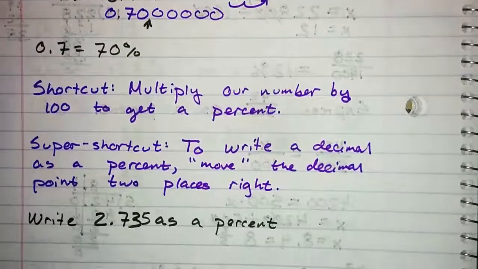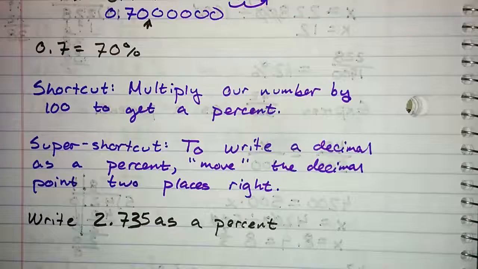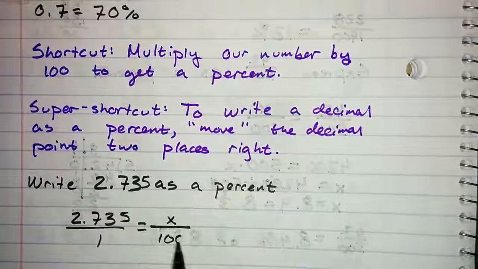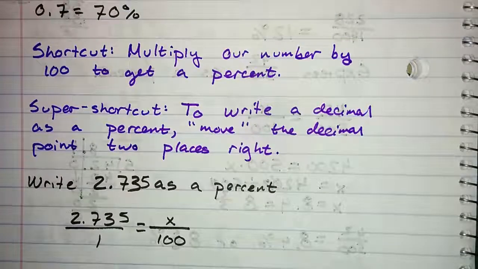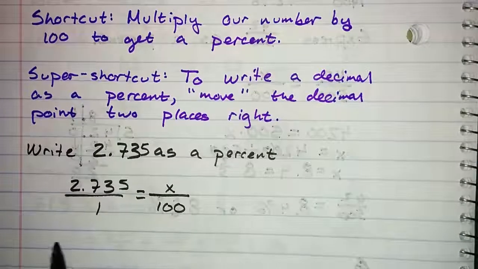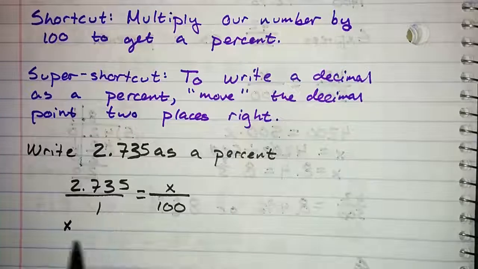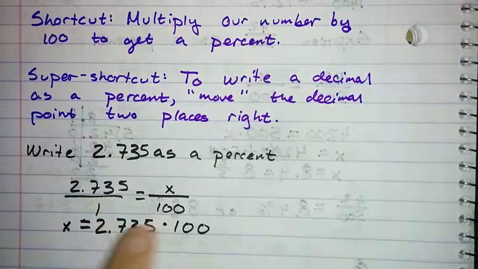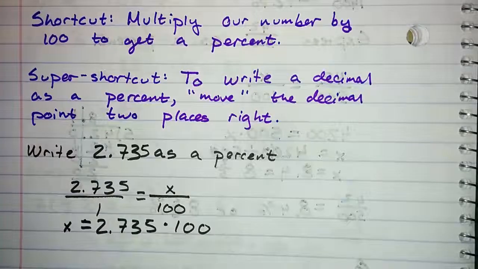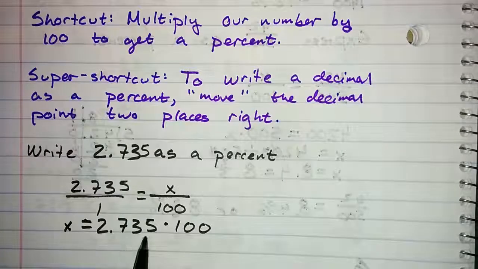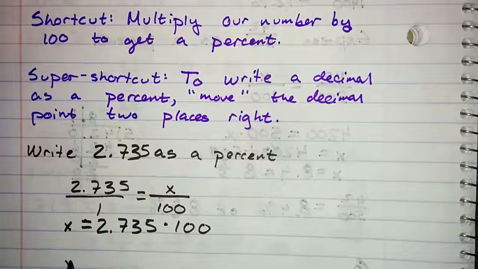So if we want to write 2.735 as a percent, we can go through the whole process, if only having one procedure is easiest. Then we cross multiply, and we get that we're multiplying our decimal by 100. So we could have skipped writing the proportion and just written this down, if we remembered the shortcut. And then to multiply this decimal by 100, we want 2 fewer digits to the right of the decimal point.